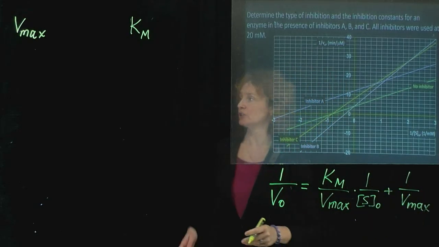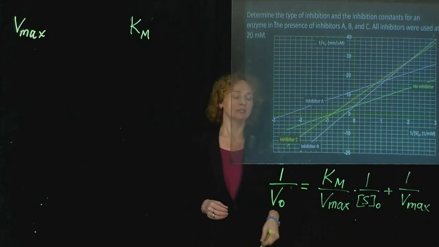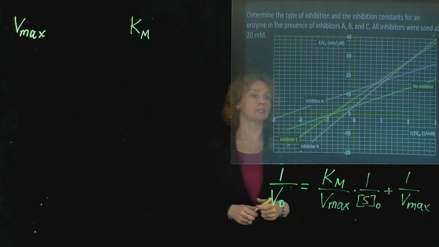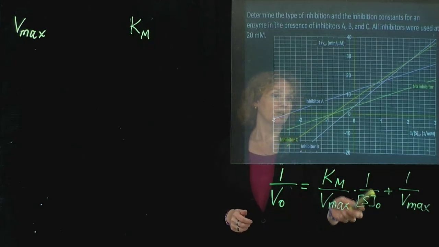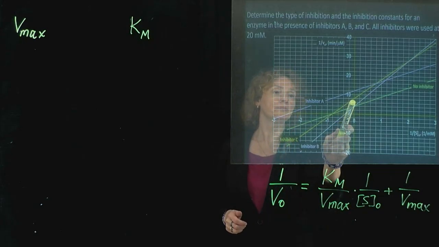From this equation, we can see that our maximum velocity can be determined from the y-intercept of the curve.